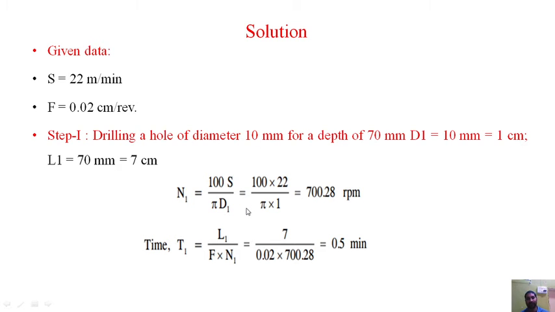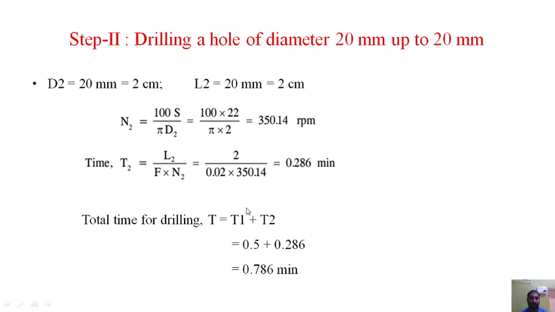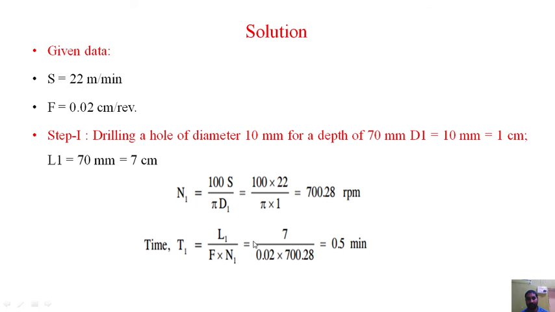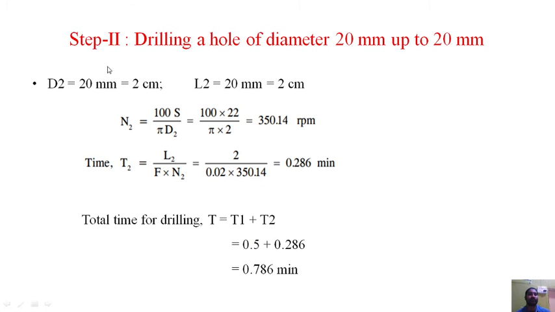Next step, you have to drill another hole of dia 20 mm up to 20 mm length. So this is 20 mm dia for a length of 20 millimeter, or 2 centimeter. So diameter is 20 millimeter, 2 centimeter. L2 is 2 centimeter. N2 is 100 S by pi D2. Here you have to take the drill bit size D2 as 2 centimeter because we are making a 2 centimeter dia hole.